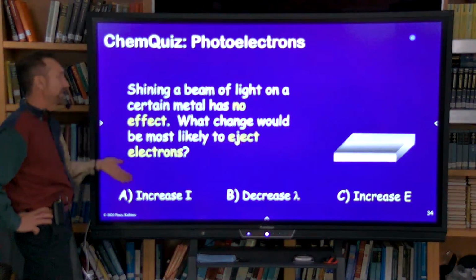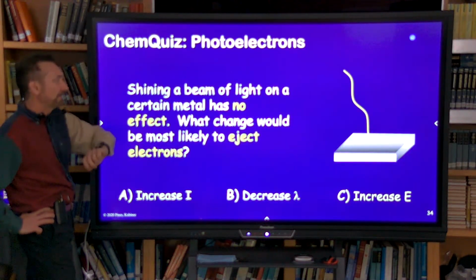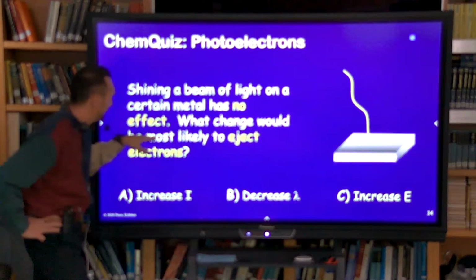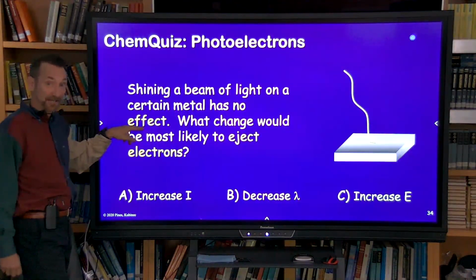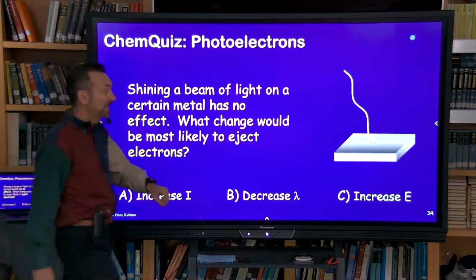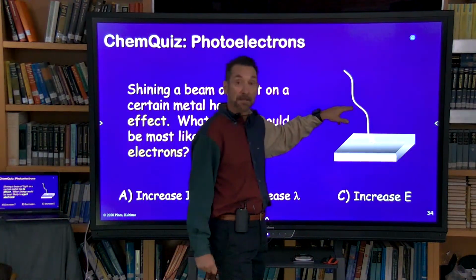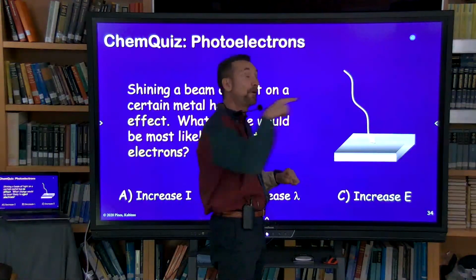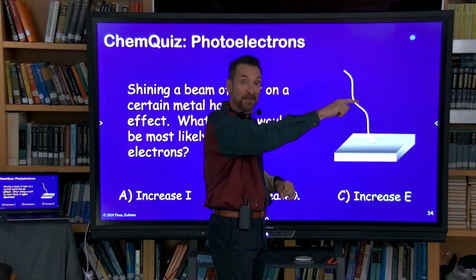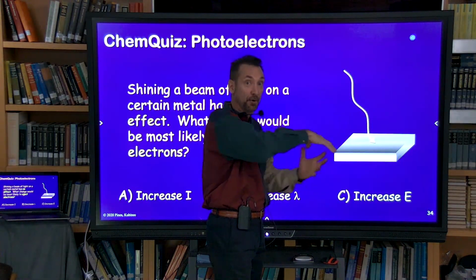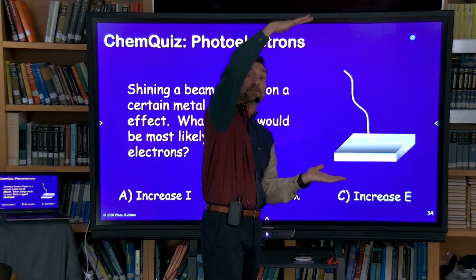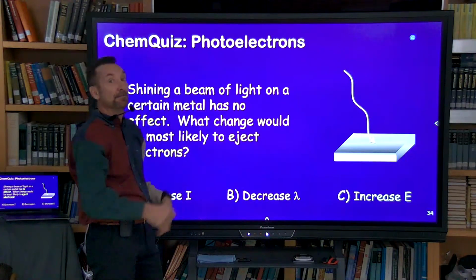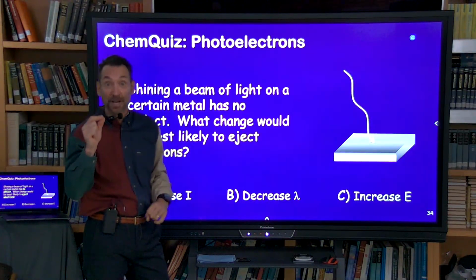So we've already said, if you have a wave coming in and it's not ejecting electrons, making it brighter, more intense, more BBs per second, more photons per second, higher amplitude, is a lot of photons per second, but it doesn't mean the individual photons have more energy.